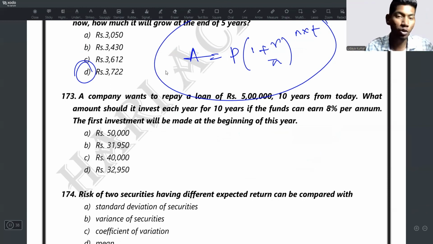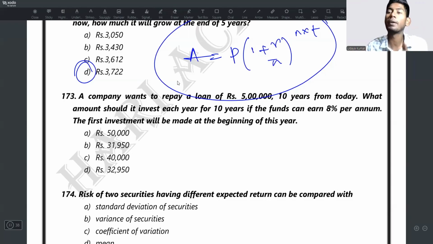If someone knows all these formulas, please list them in the comment section so that it will be useful for the students who are getting prepared for the exams. Given an interest rate of 8%, a period of 10 years, and a target of rupees 5 lakhs, the annual investment calculates to approximately 31,950 rupees.